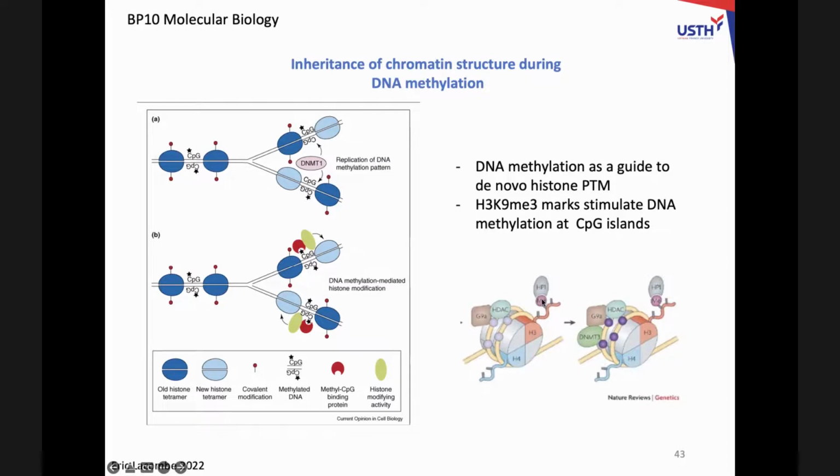Because methylation of the histone tail H3 means heterochromatin. And as soon as the DNA is inside heterochromatin, it needs to be methylated, the aim being that the information is going to pass to the daughter cells.